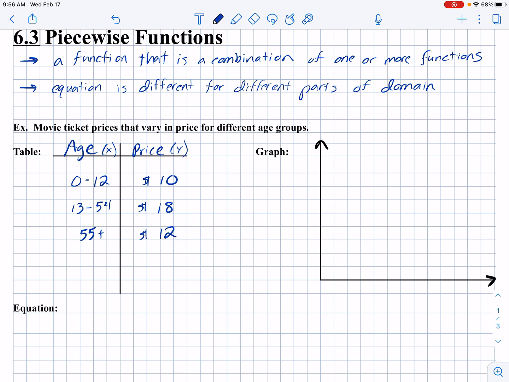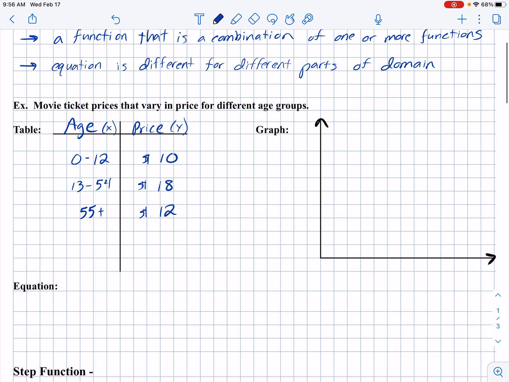Well, what this would look like on our graph is 3 separate functions where we have age and price. You can imagine this as y equals 10, y equals 18, y equals 12, but for different parts of the domain. So for age being 12 years old and under, that's when x is everything less than 13 or greater than 0, right?